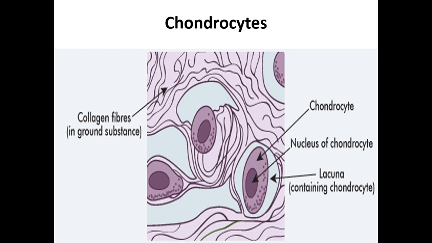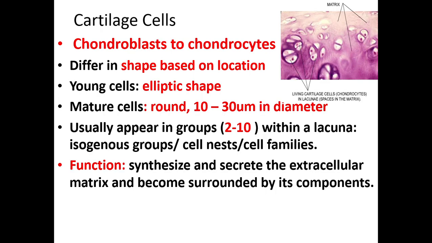So embedded also in the ICS are the collagen fibers, or in the ground substance. So we have the cells in a lacuna. From a young cell, we have the chondroblast, which will mature later on to become chondrocytes. So chondrocytes are the mature cartilage cells.